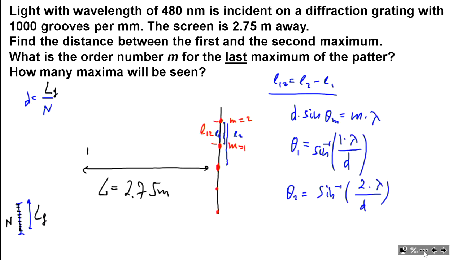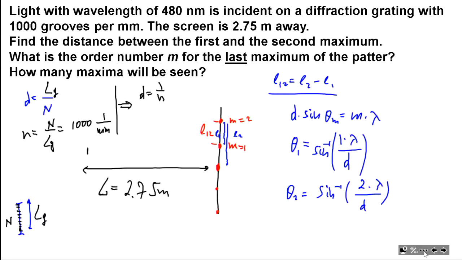But what we know is the opposite. We know what's called density. We know that it's N over L. It is 1,000 slits per millimeter. That's what we know. So this tells us how to calculate d. d will be 1 over density.